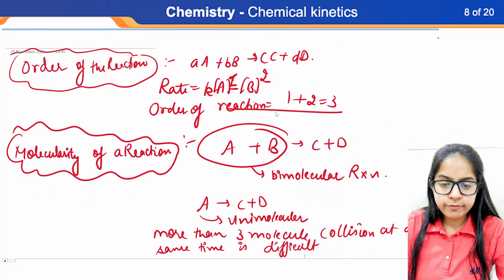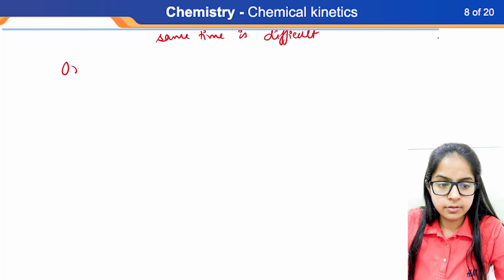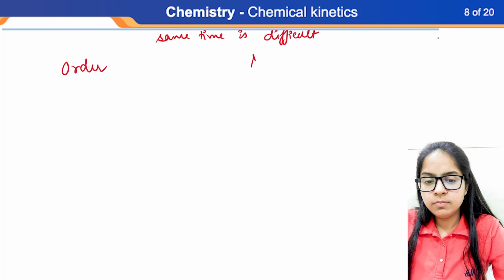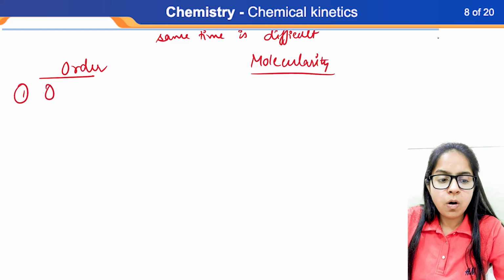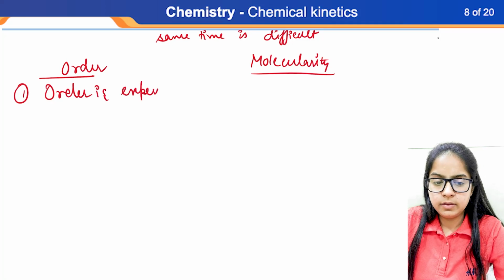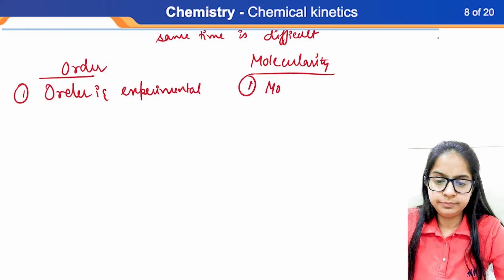Now, what is the difference between the molecularity and the order of a reaction? First difference: order is experimental, molecularity is theoretical.